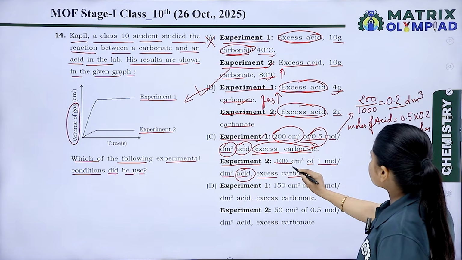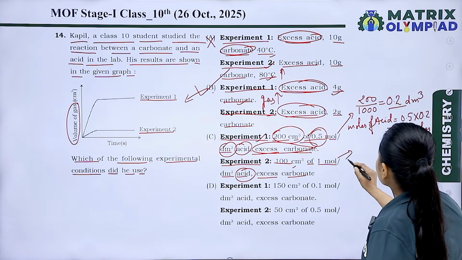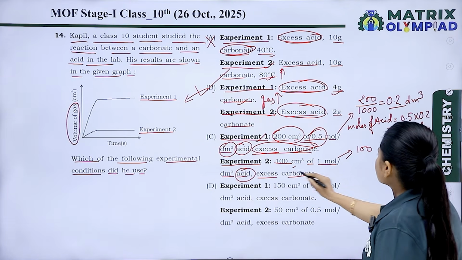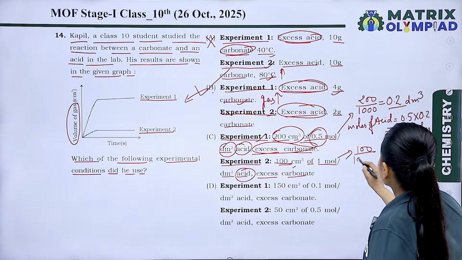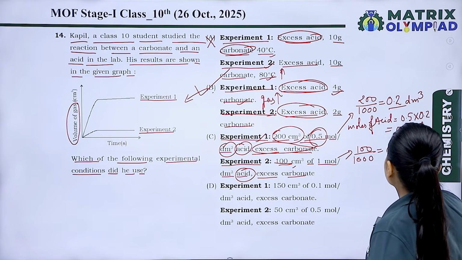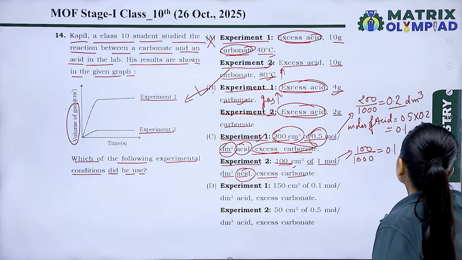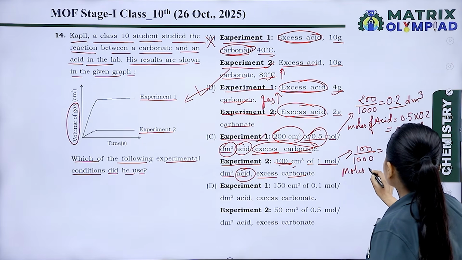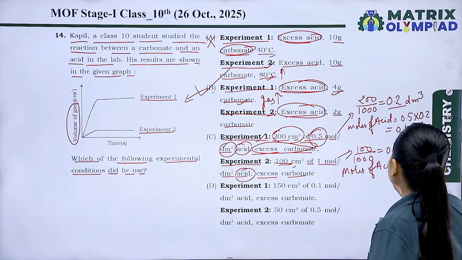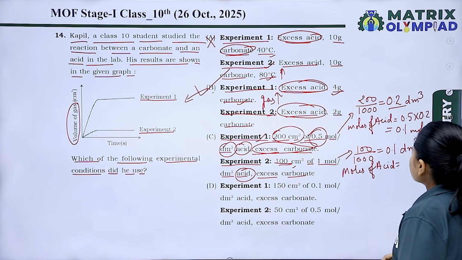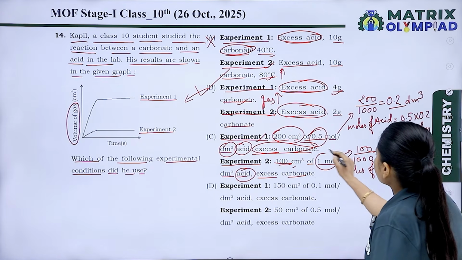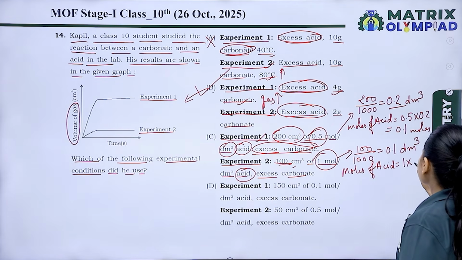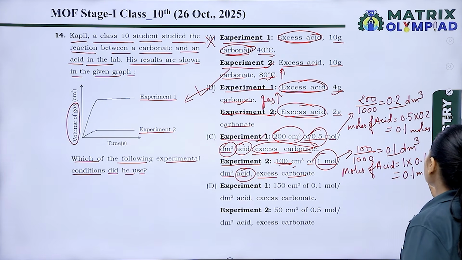Now for experiment 2, the same process is done. 100 divided by 1000, so we get 0.1 decimeter cube volume, and moles of acid are calculated by multiplying the given concentration with volume, and we get 0.1 moles.